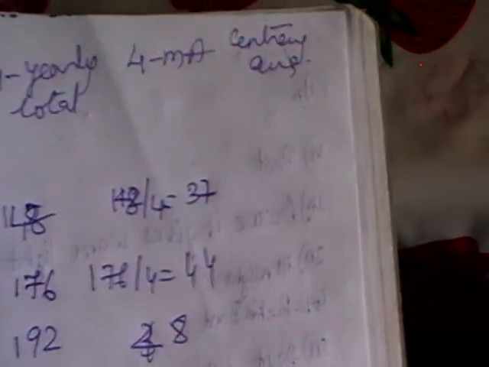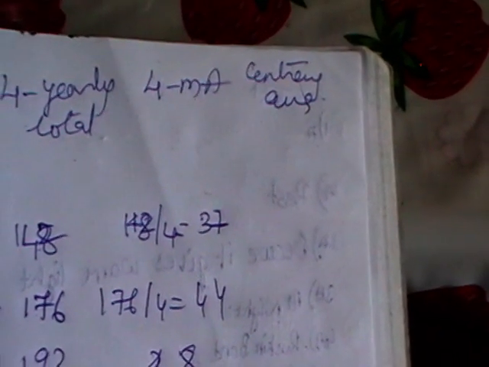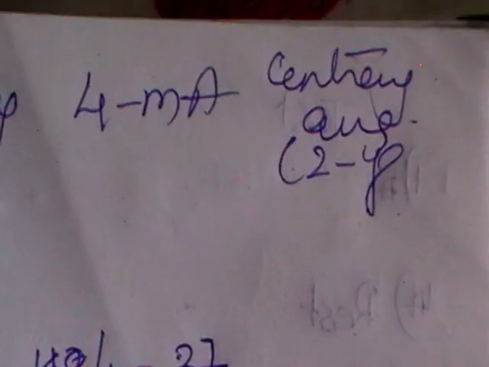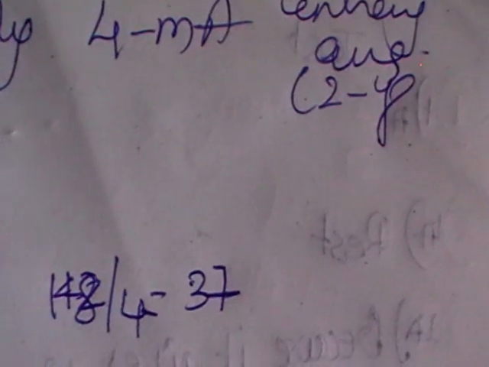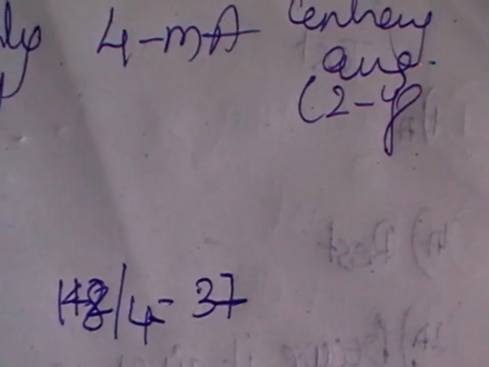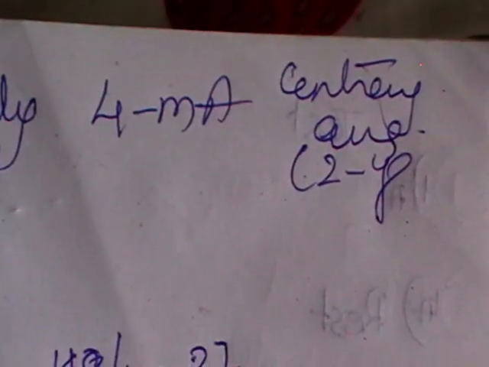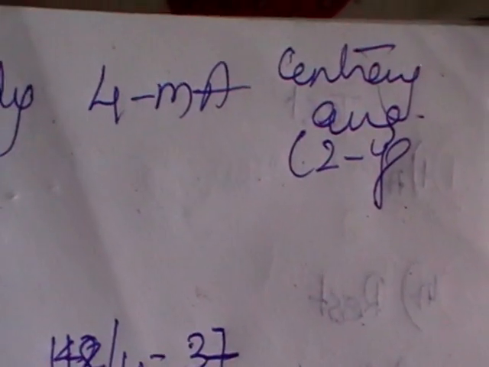Centering averages means, whether it is a 4 yearly, 6 yearly or 8 yearly moving average, which doesn't correspond to any time period given, you do centering. What is meant by centering?